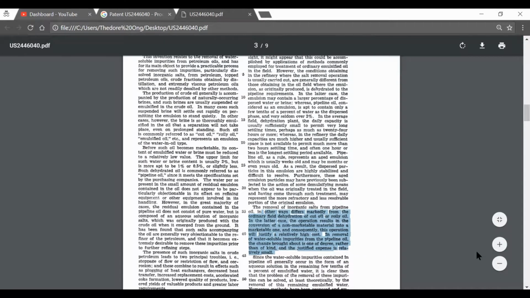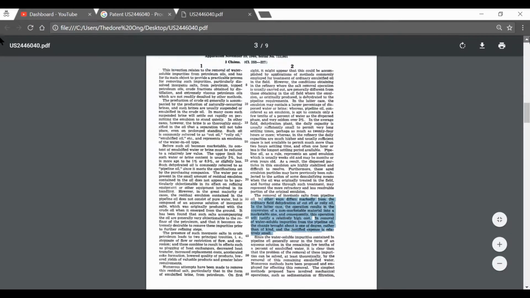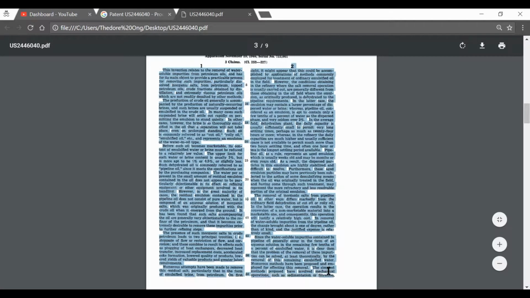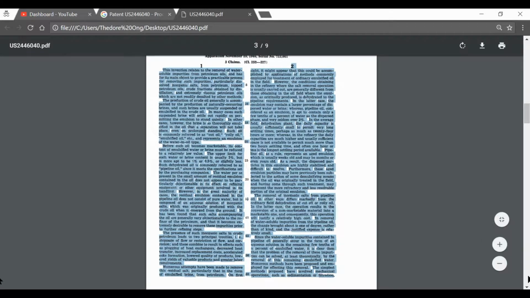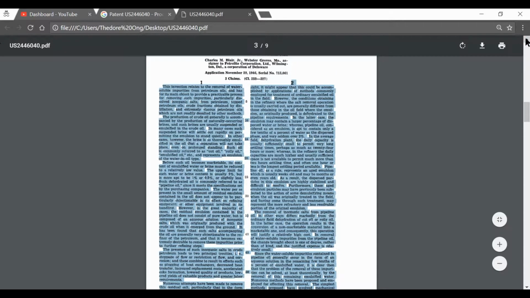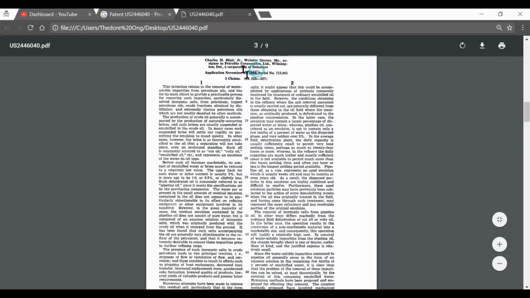You can see that in the first page of this patent, it's telling you about the background and why this whole highlighted part. It's just telling you about background and why this desalting process is important, and why do I need to invent another machine, why I need to invent another desalter, despite there already being many other desalters available commercially at that time, which is 1948, I believe, or 1946. 1946.